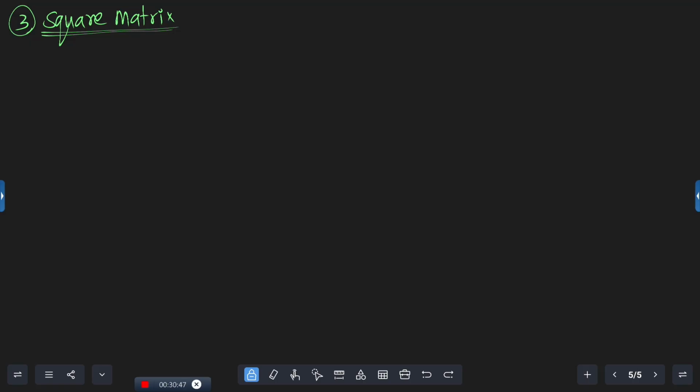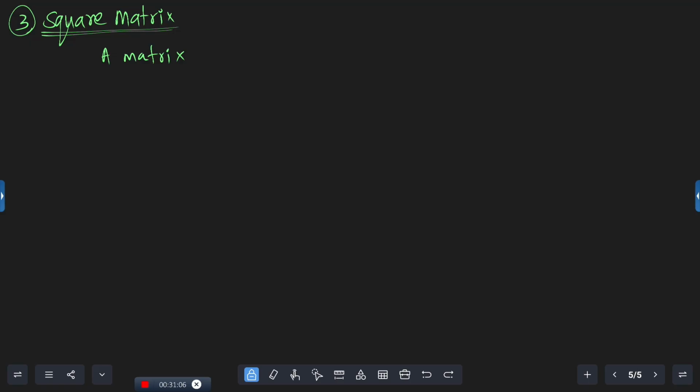Square matrix means the number of rows and columns in a matrix are equal. Equal in the sense we can say it is a square matrix. That is the definition I'm going to give.